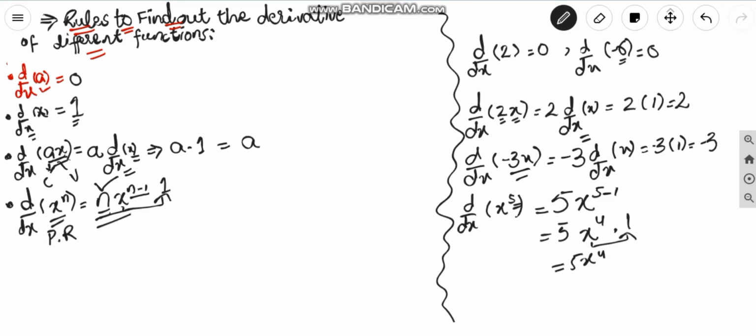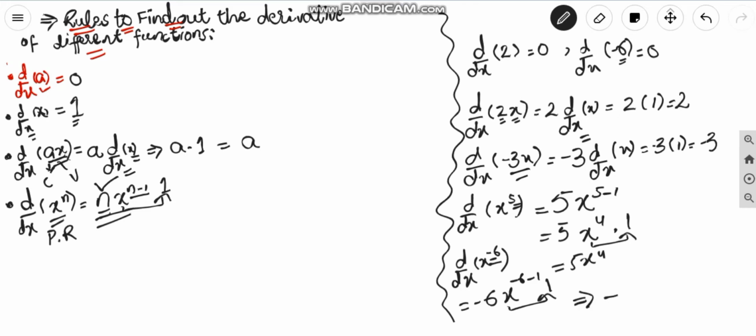To make it clearer, let's consider another example. If you want to find the derivative of x power minus 6, similarly, according to the rule, as the power is minus 6, place the power at the start and reduce the power of the variable by 1, and the further derivative of x with respect to x is 1.